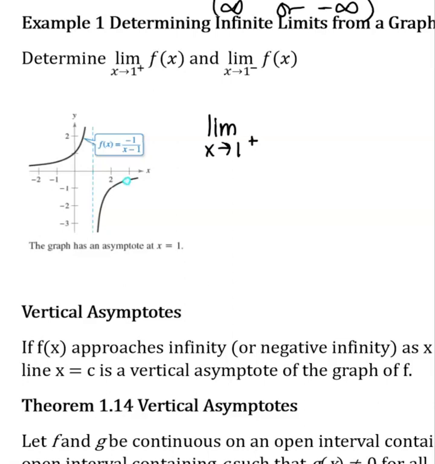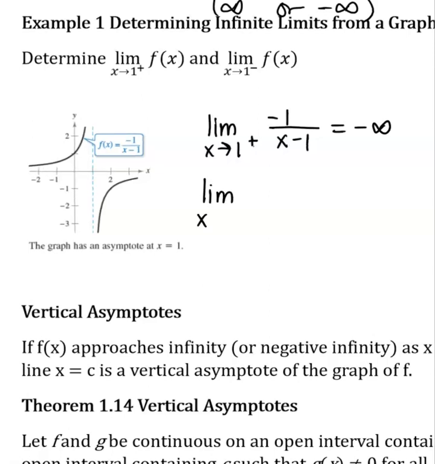I'm going to get on the graph right here or here, doesn't matter, but I need to be moving towards 1. 1 is right there. So when I get on the graph and I start moving towards 1, we're shooting down towards negative infinity. So the limit as x approaches 1 from the right of the function f of x, or in here you could put the actual function, negative 1 over x minus 1, is equal to negative infinity.